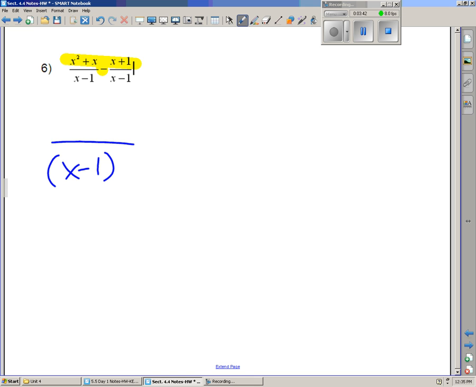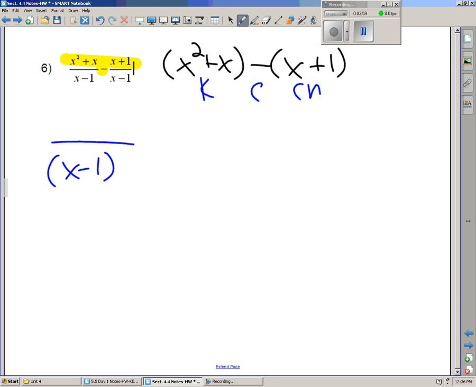My first numerator is x squared plus x. I'm subtracting this whole second polynomial, which is x plus 1. And if you remember, keep, change, change all. It really turns into adding a negative of x and a negative of 1.